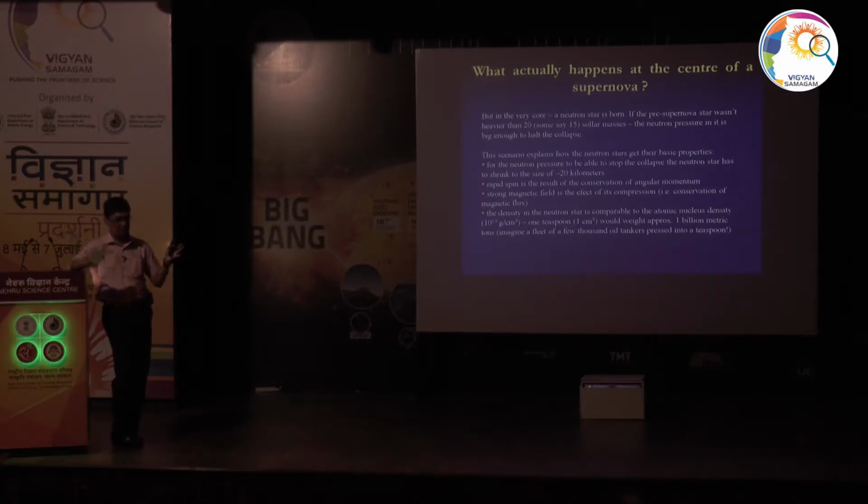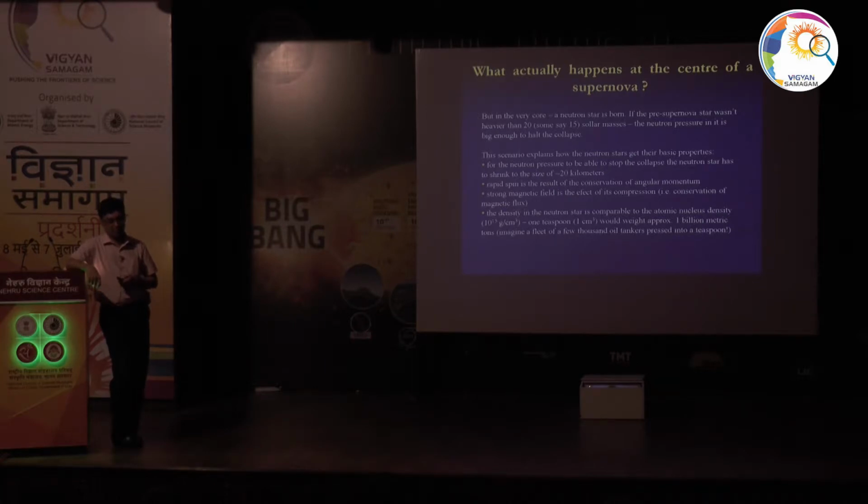It will want to collapse further. At that point, you get into this business of the iron core and the collapse to nuclear density. And there is a different pressure force, the neutron degeneracy pressure, which is then sufficient to hold this in balance. But if it is an even heavier star to start with, even that is not sufficient, so it collapses to a black hole.